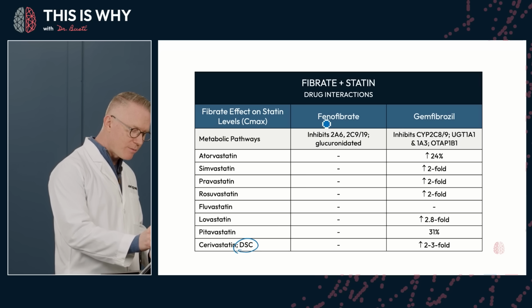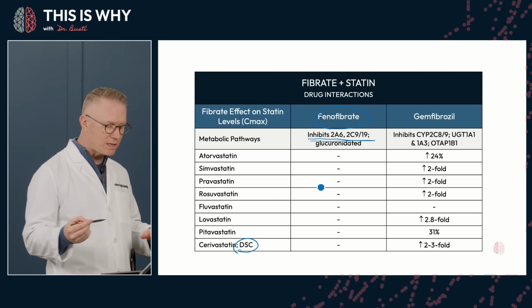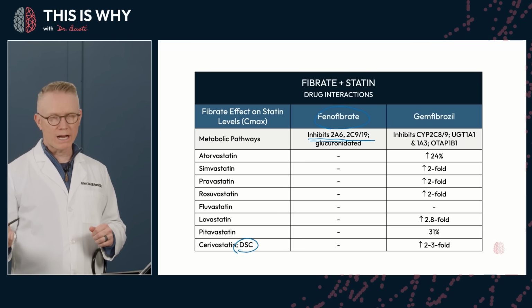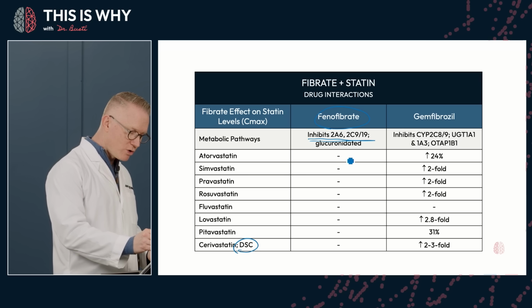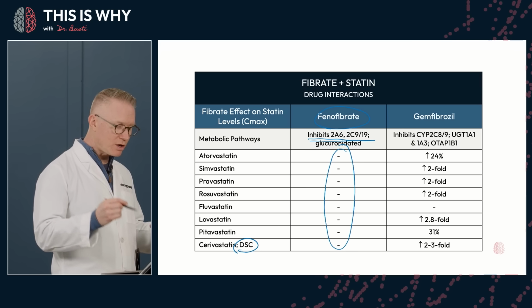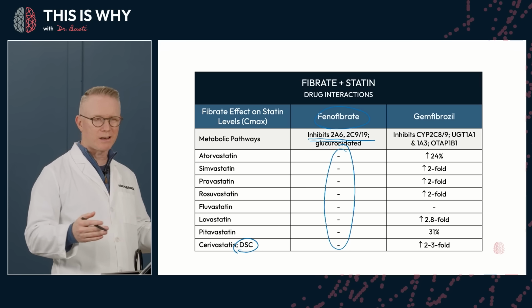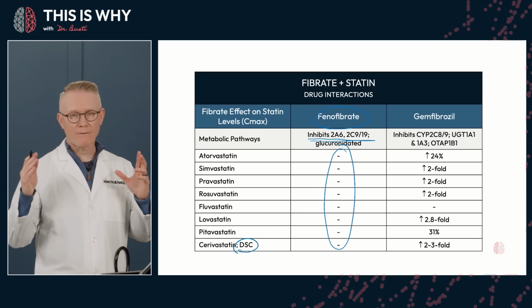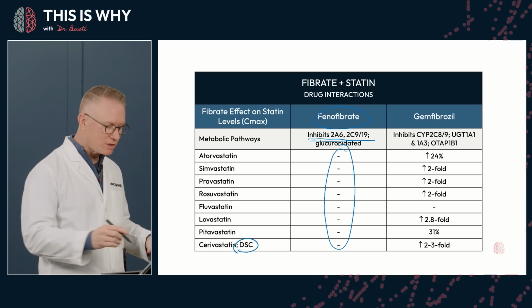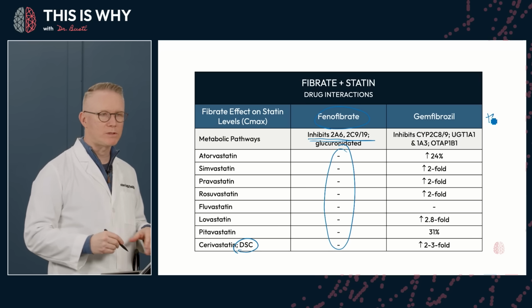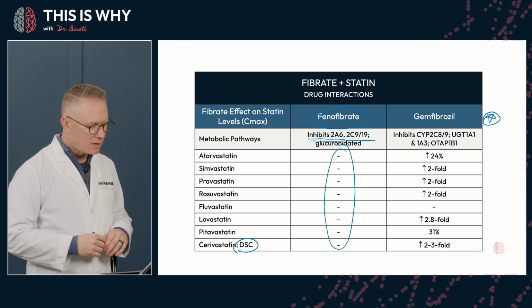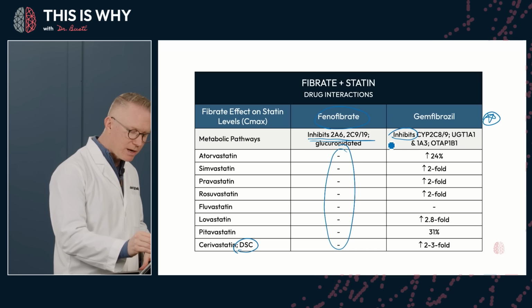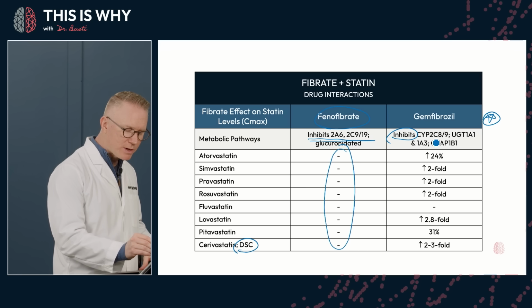But you see here in the middle column is fenofibrate. While it can inhibit cytochrome P450 enzymes, it doesn't inhibit glucuronidation significantly. So you can co-administer fenofibrate with a statin and not really see problems. When we talk about fibrate and statin interactions, it is hands down gemfibrozil, because it's inhibiting not only some cytochrome P450 pathways, but UGT.